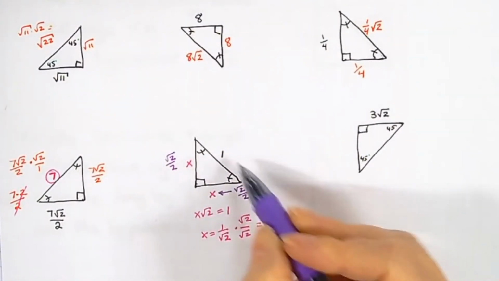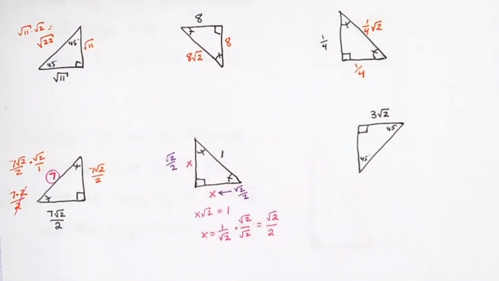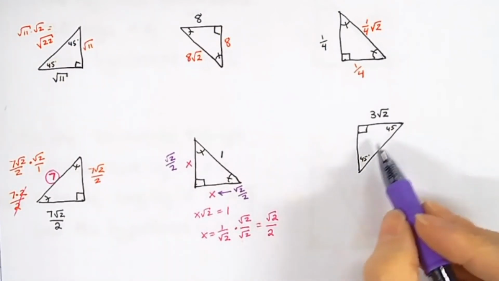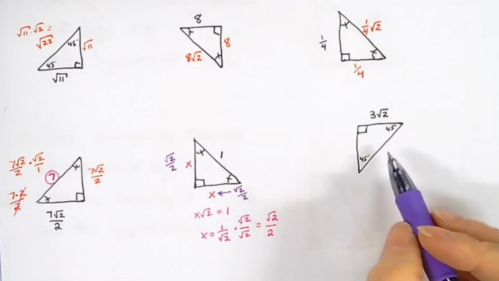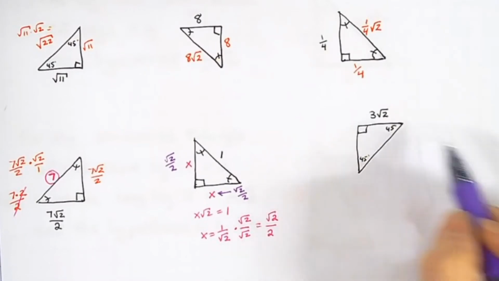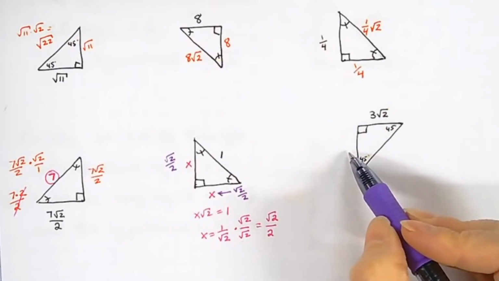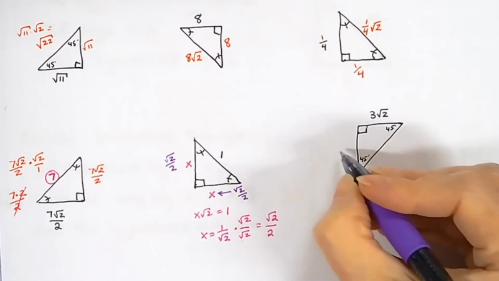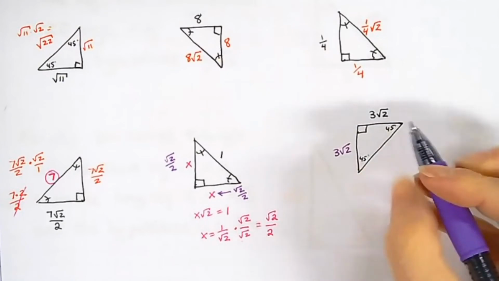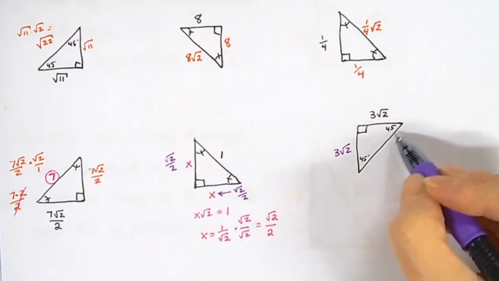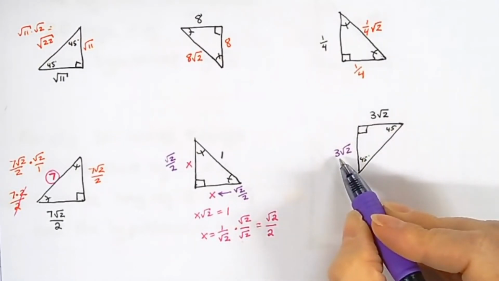This one is actually an important triangle to know. One more. Do not be alarmed if your triangle looks like it's upside down. There's my 45, my 90. These are my legs. So what's this leg? The same as that leg. How about my hypotenuse? It's going to be the leg times root 2.